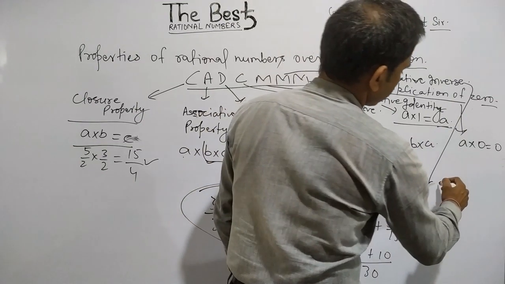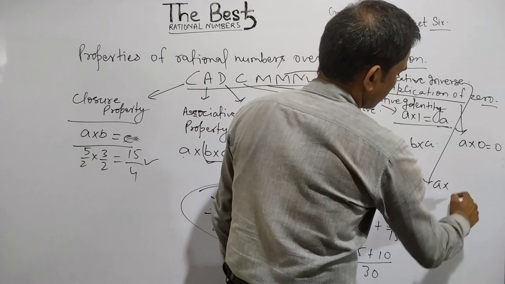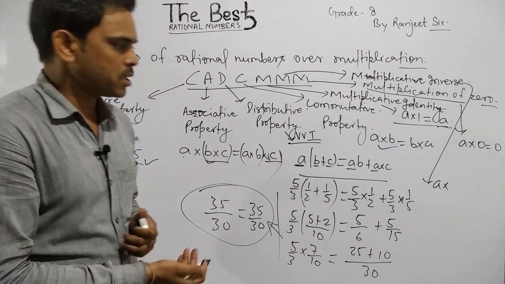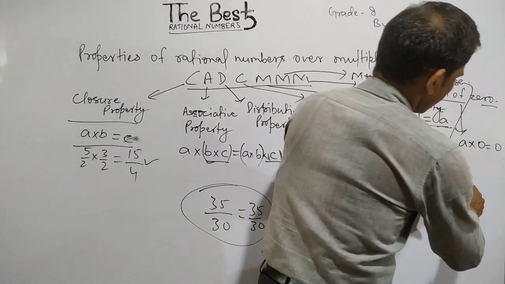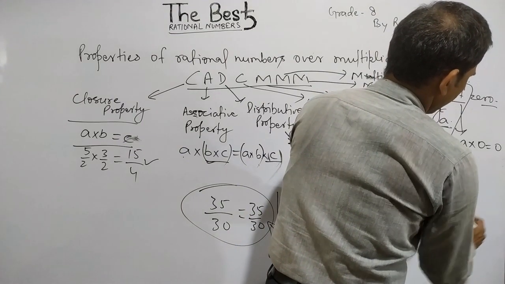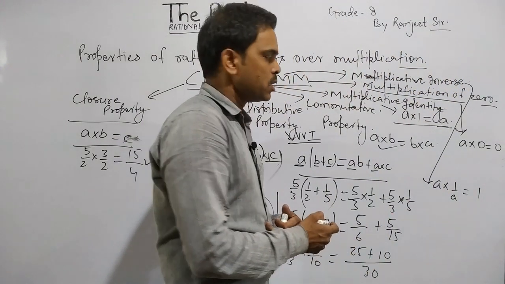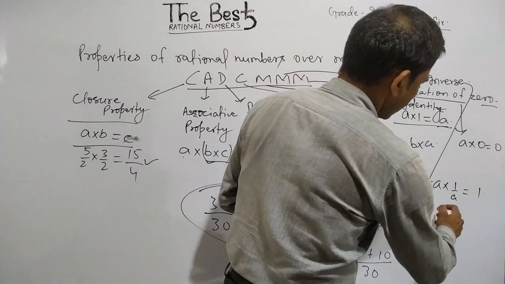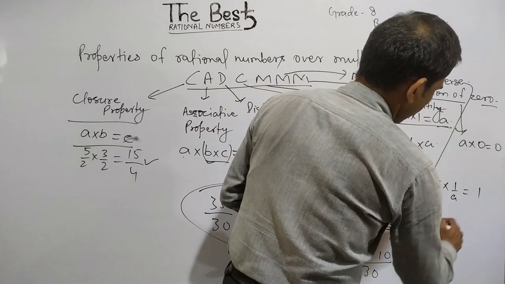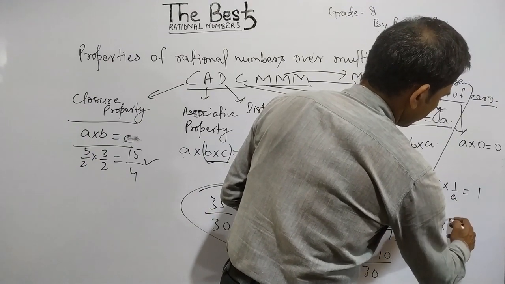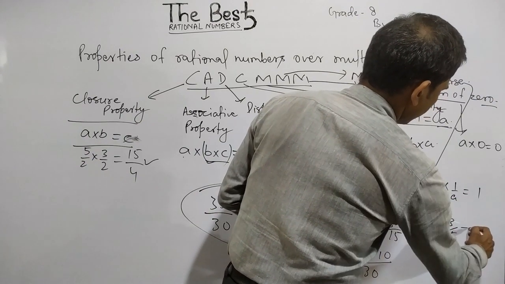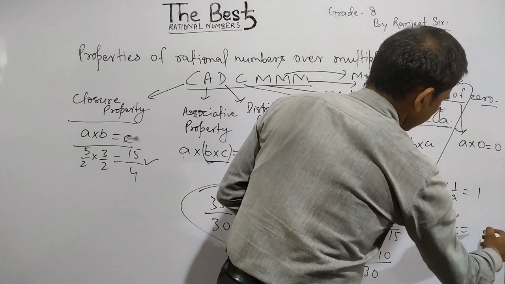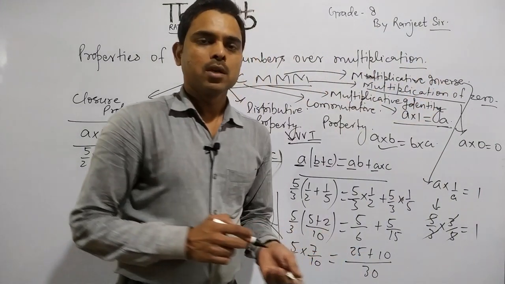Multiplicative inverse says that I take a rational number and I multiply it with its reciprocal, means a into 1 by a, we will always get 1. So this is called multiplicative inverse. And I take an example for this also. 5 by 3 into 3 by 5, when you do the calculation for it, 5 will be cut, 3 will be cut, and you are going to get this 1.